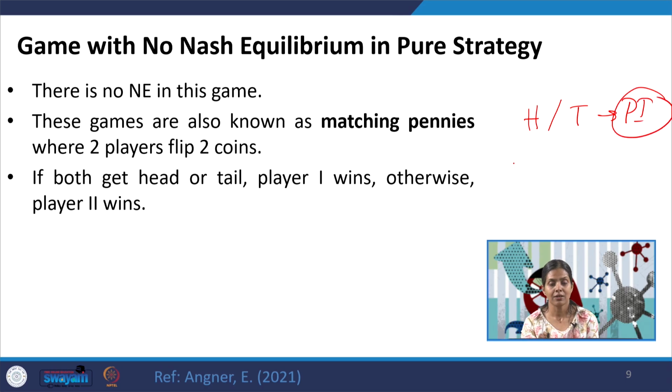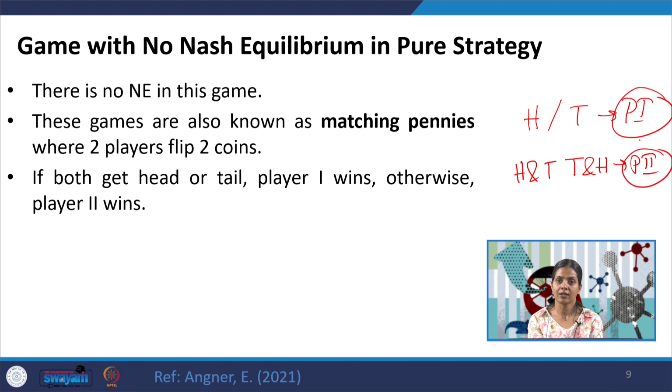If they get different things, like one gets head, another gets tail, or one gets tail, the other gets head, then this is for player 2 to win. So, again there is a conflict of interest. Only one of these two can happen, both of them cannot happen together. So, in one situation one wins, in the other situation the other fellow wins.